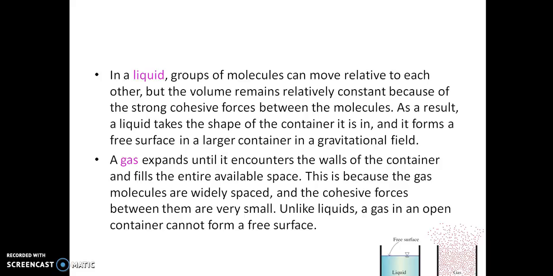A gas expands until it encounters the walls of the container and fills the entire available space, because the gas molecules are widely spaced and the cohesive forces between them are very small. Unlike a liquid, a gas in an open container cannot form a free surface.